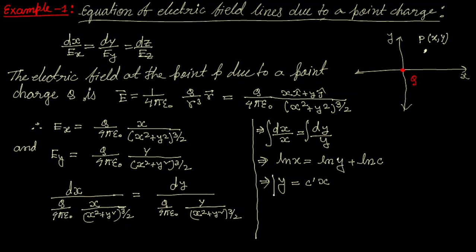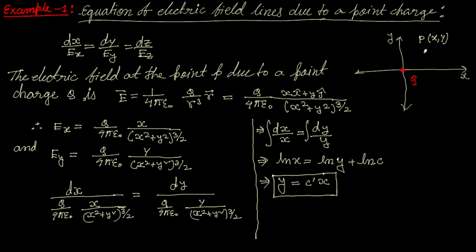So these are the equations of electric field lines in the xy plane due to a point charge which is placed at the origin. Now if we draw these lines, this is not a single equation.